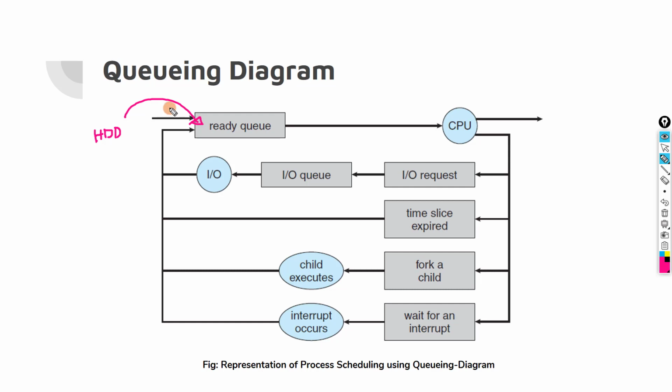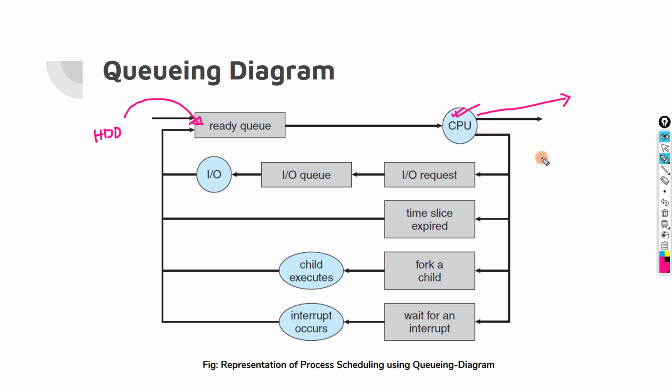From the secondary memory the process comes into the ready queue, and from this ready queue the process goes to the CPU to be executed. If the process is done with its execution, I mean the process is finished or has completed its task, then the process will be terminated and go out of the CPU.